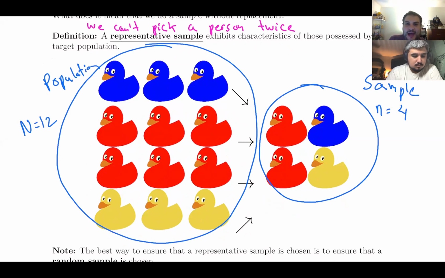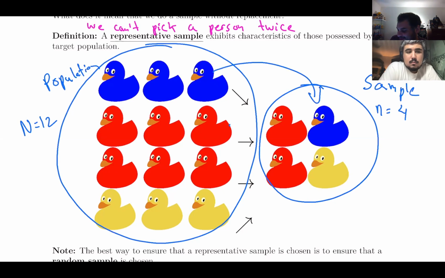Does it seem that all the ducks are getting equally represented? Which ducks are not getting represented? Okay, if you look at it, the blue ducks are represented by this duck. The red ducks are represented by these 2 ducks. And the yellow ducks are represented by that duck.